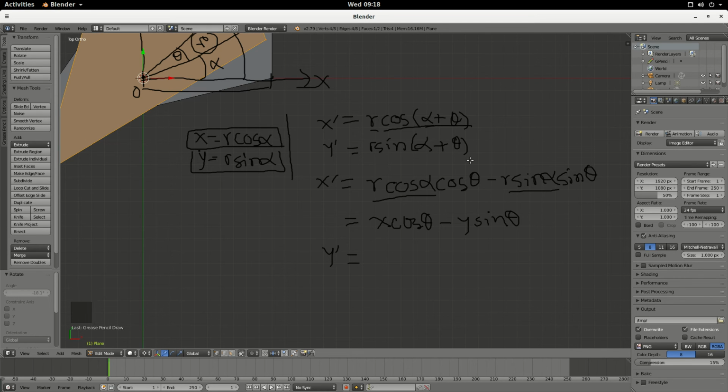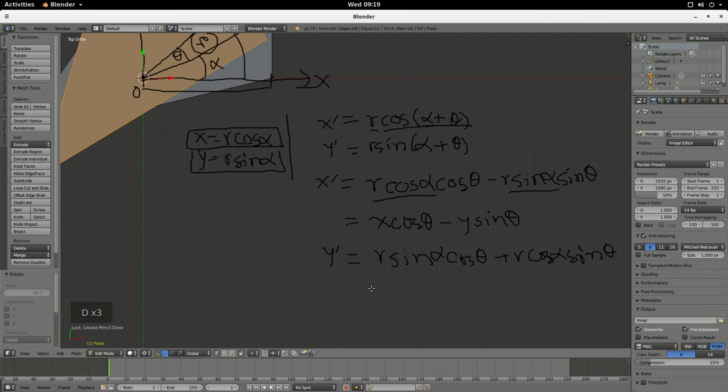We have to expand this, right? Sin A plus B is equal to sin A cos B and then plus cos A sin B.